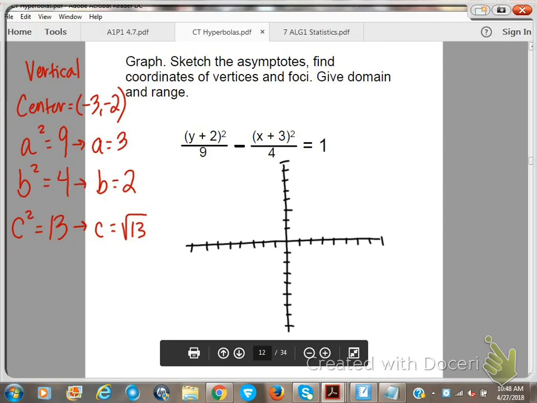All right, so we've got negative 3, negative 2. That's our center. Since this is a vertical hyperbola, to get my vertices, will I count up 3 or will I count over 3? Up 3. Okay, so you have to go up and down since it's vertical.